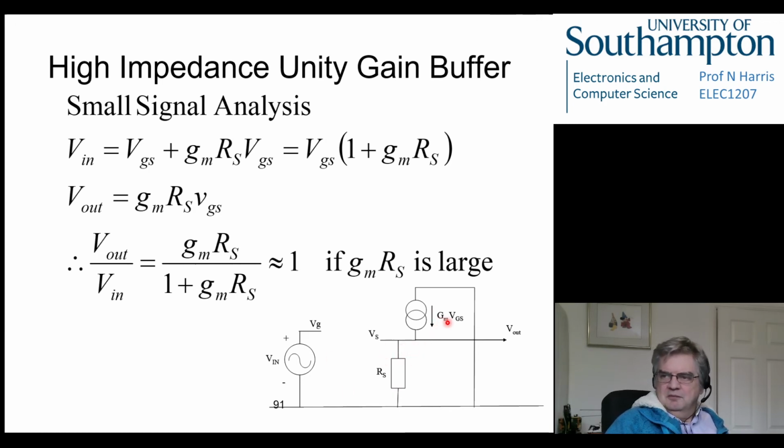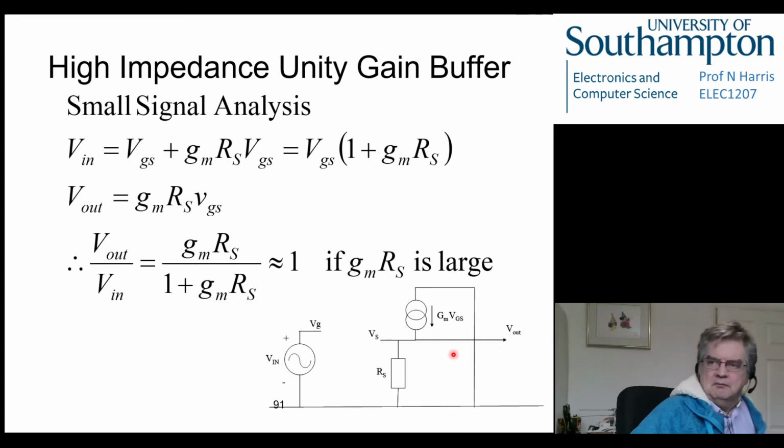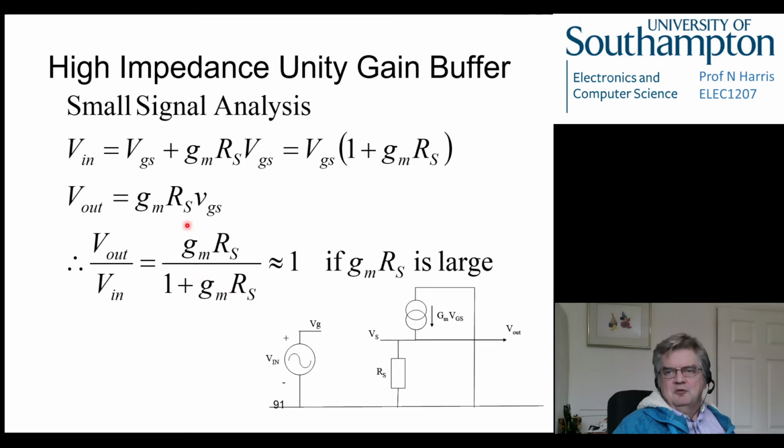So we've got gm VGS RS plus VGS equals V in, and we know also that V out, remember this is not a join, this signal comes out and that one isn't, is just going to be whatever the current is flowing through here multiplied by RS, because that's where we take our output voltage from.